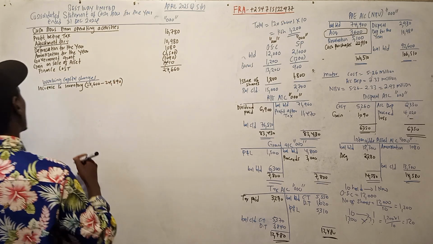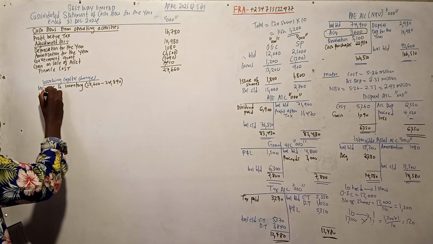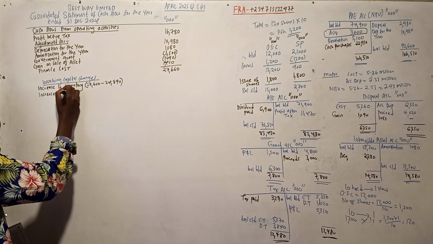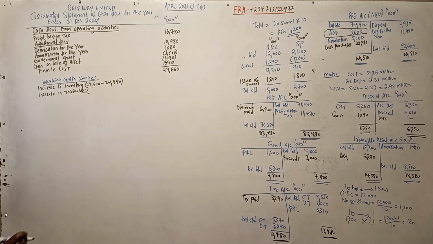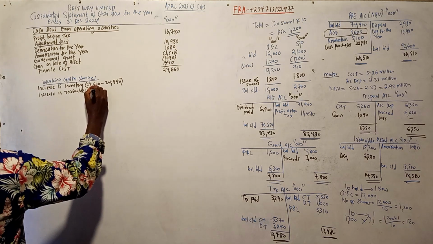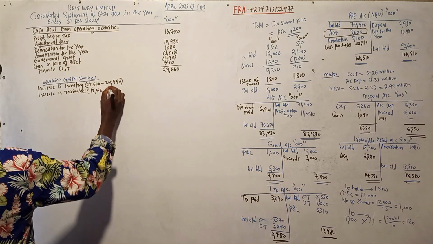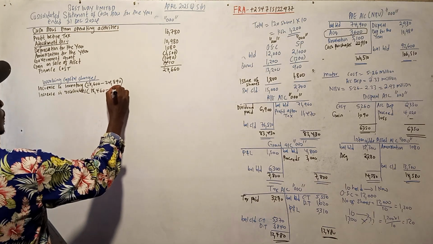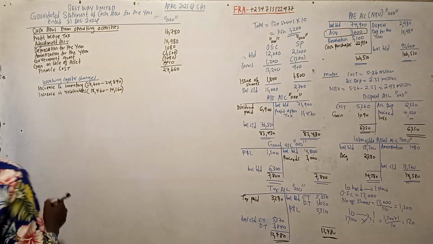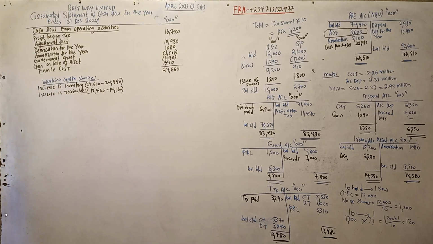Then we also have an increase in receivables. The receivables increased from 14,160 up to 18,460. Then we also have payables, the current liabilities. We also have an increase.